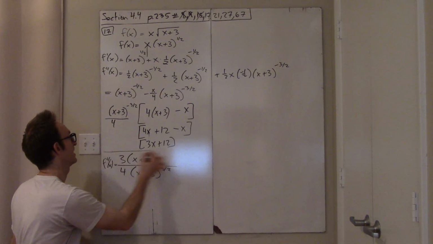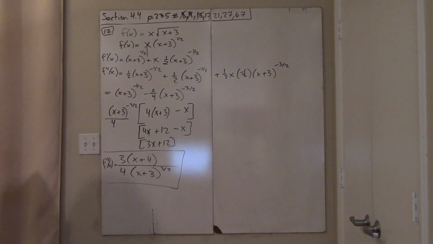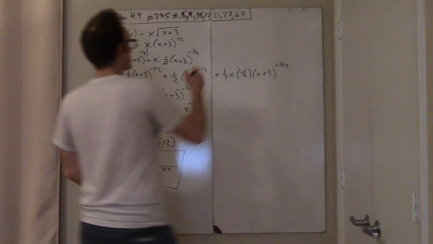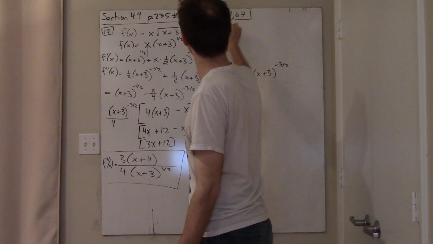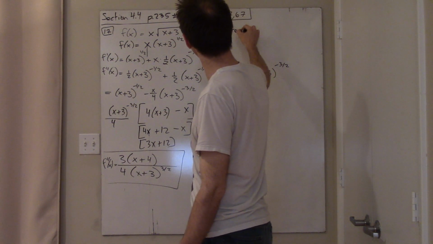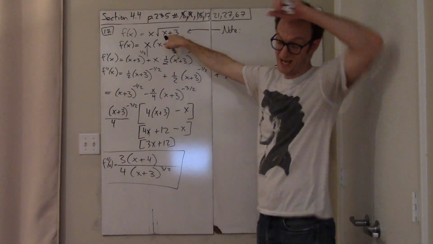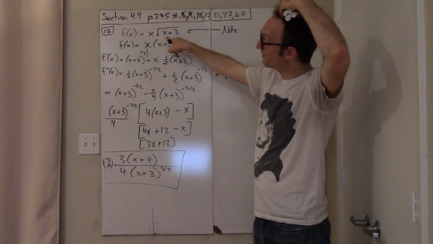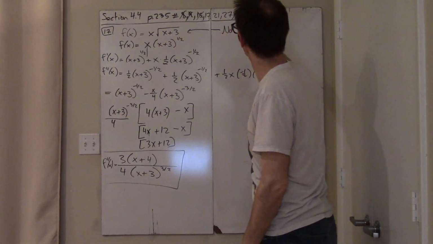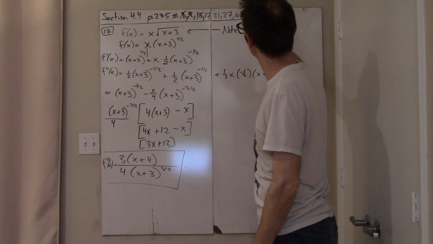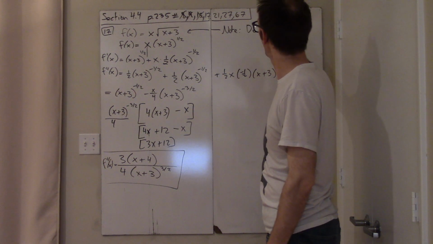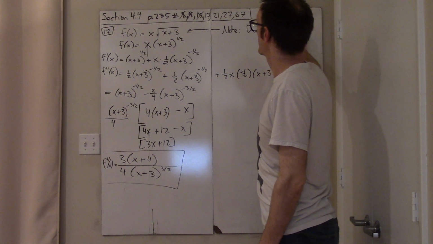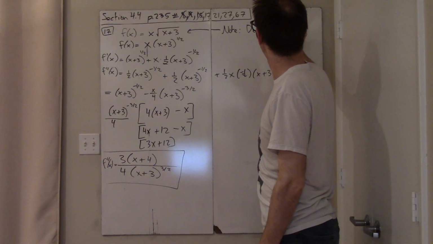Okay. What was the point of all of this? Well, perhaps we should make a note about this problem, which is that I actually cannot plug in anything less than negative 3 into this function. So the domain of this function is only things from negative 3 to infinity.